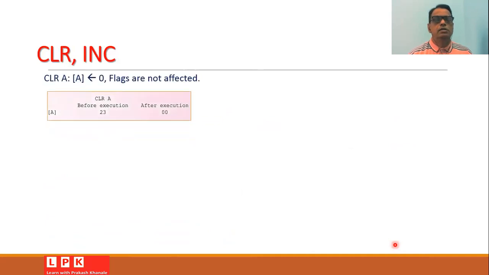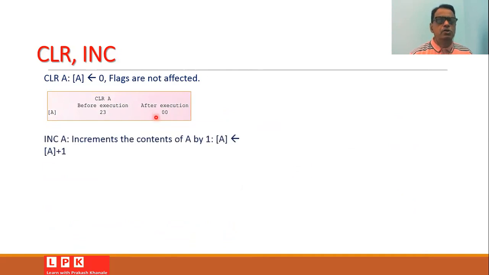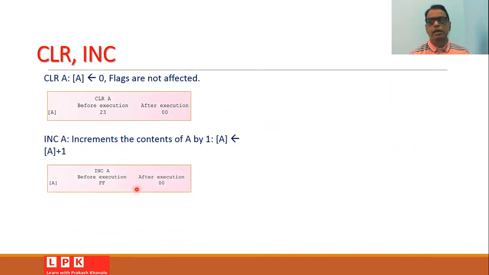Another instruction is the clear instruction CLR A, where the content of the accumulator will be made 0 and no flags are affected. Another instruction is increment the content of the accumulator by 1. Whenever we execute this instruction INC A, the content of the accumulator will be incremented by 1.